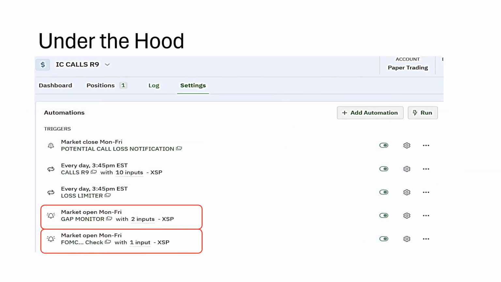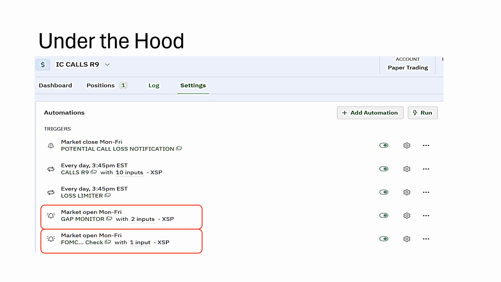Now let's look under the hood. When the market opens, we check 2 things that will affect trading for the day. The gap monitor looks to see if the opening price of XSP today is more than 1% difference from the closing price yesterday. If it is, we block new trades for the day, letting the market settle in one direction or the other.